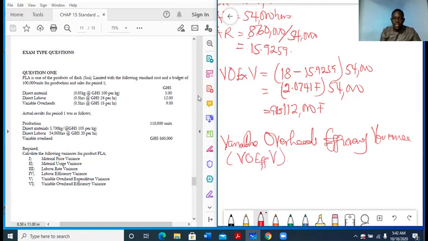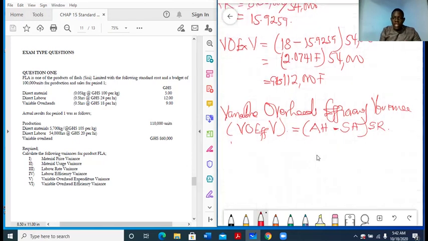The variable overheads efficiency variance is equal to the actual hours minus the standard hours, measured at the standard rate.